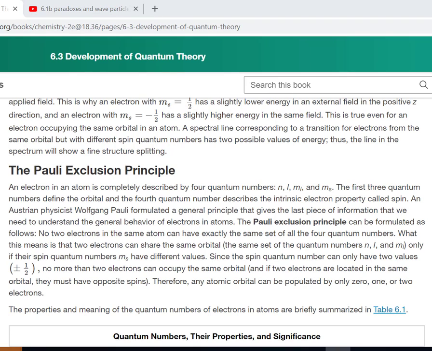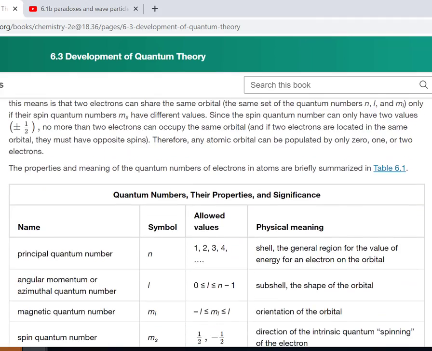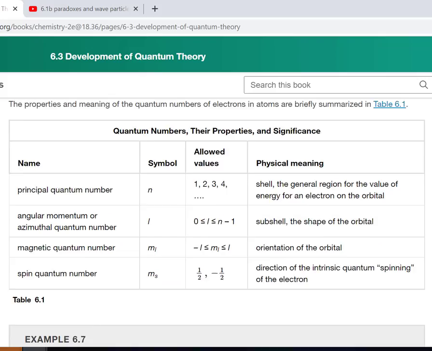The idea of the Pauli exclusion principle is that the 4 quantum numbers cannot all be the same. What that means is that for any orbital, you essentially have to have two different spin quantum numbers. So an orbital can have up to 2 electrons in it, and the number of orbitals and how they fit together with the principal quantum number is described in this table.